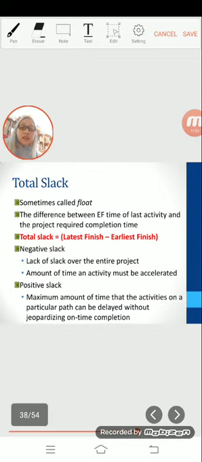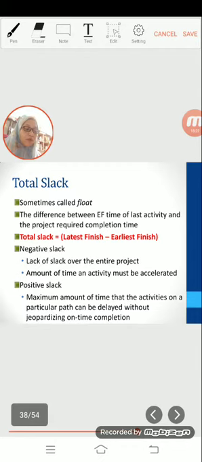Okay, just now we see the negative number, right? So we call it negative slack. Negative slack indicate a lack of slack over the entire project. The amount of time an activity must be accelerated to complete the project by the required completion time.